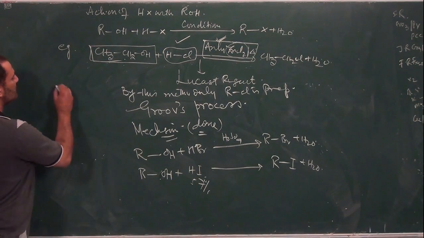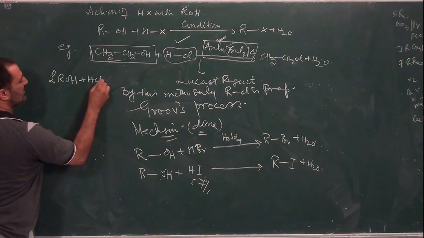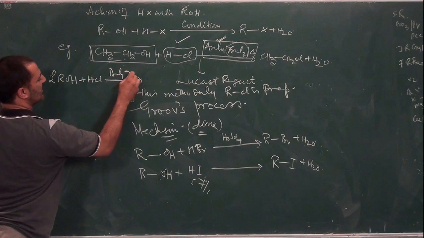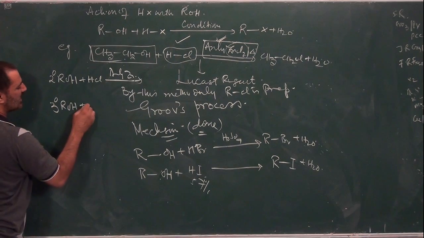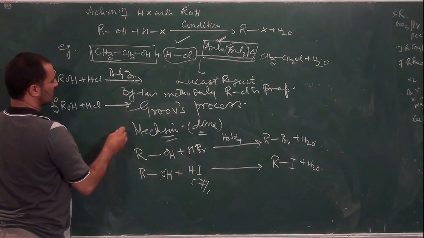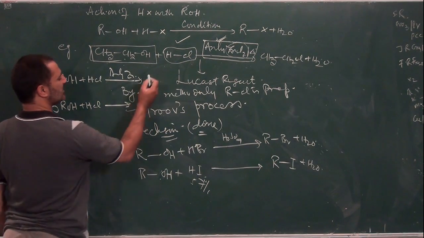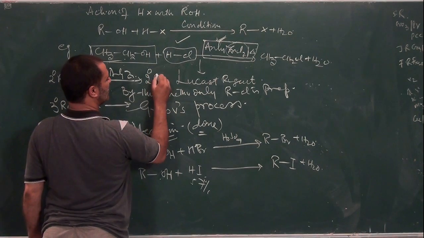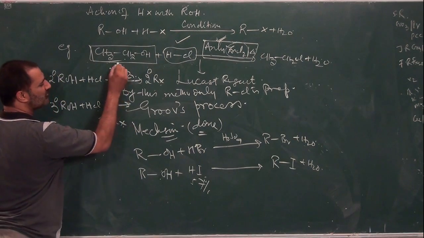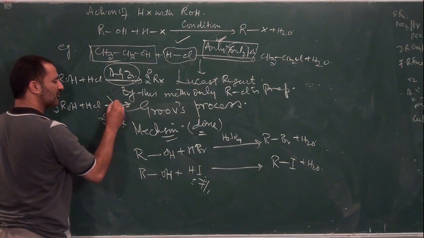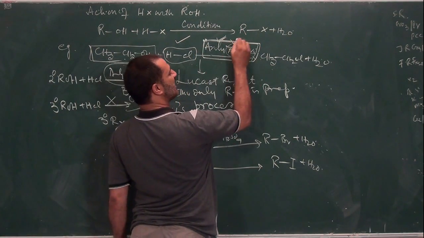If I give you secondary alcohol plus HCl in presence of anhydrous zinc chloride, and tertiary alcohol plus HCl, with no need of anhydrous zinc chloride here, the secondary gives a secondary alkyl halide and the tertiary gives a tertiary alkyl halide. For the primary we need anhydrous zinc chloride as well as heat.